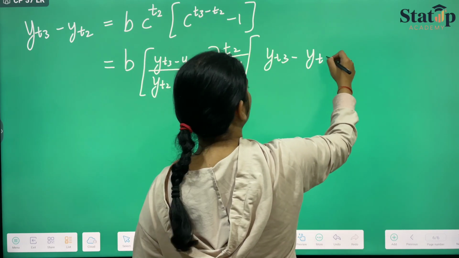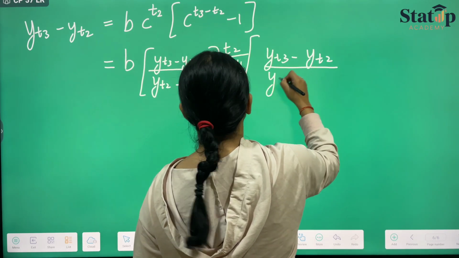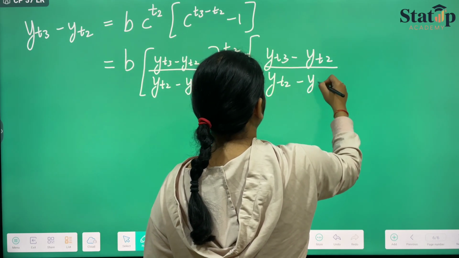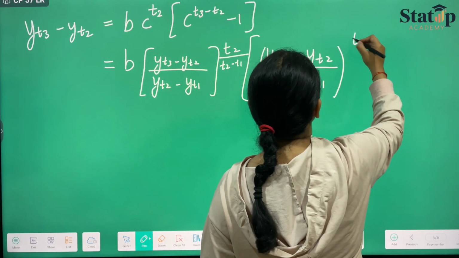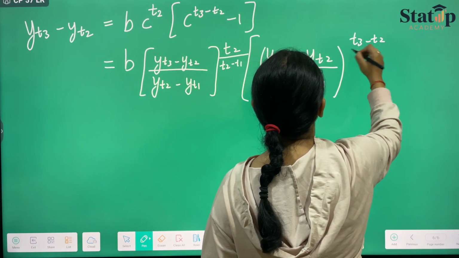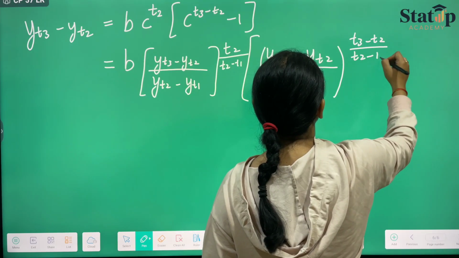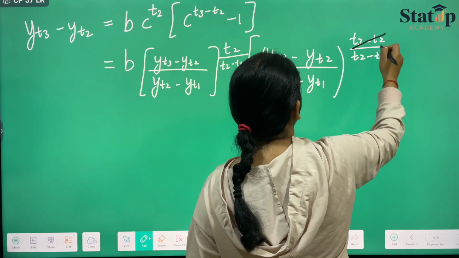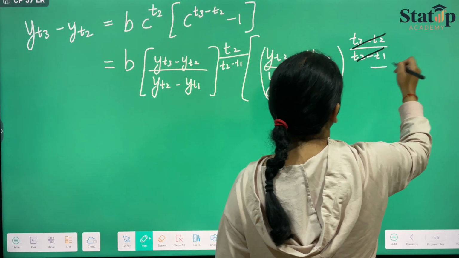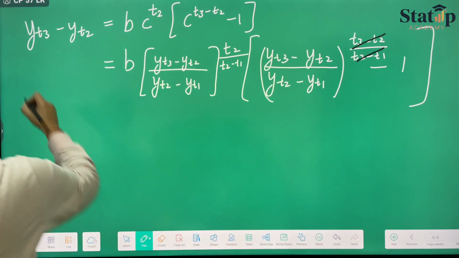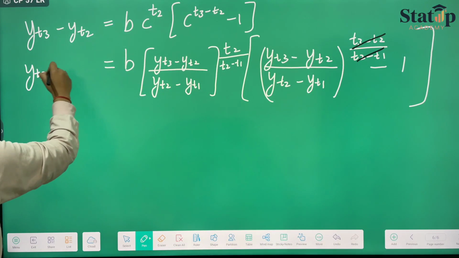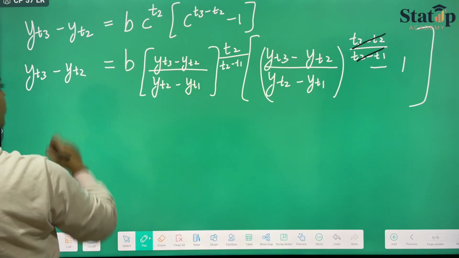Y_T2 upon (y_T2 minus y_T1) raised to the power (T3 minus T2) upon (T2 minus T1). Since both of them are same, they'll get cancelled and we are left with minus 1. And here it is y_T3 minus y_T2.